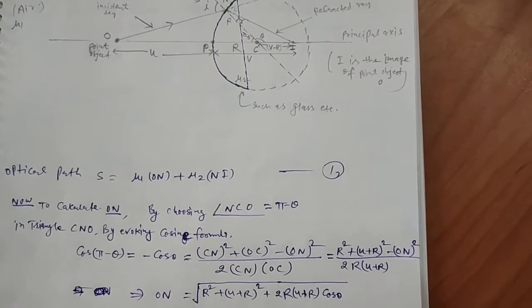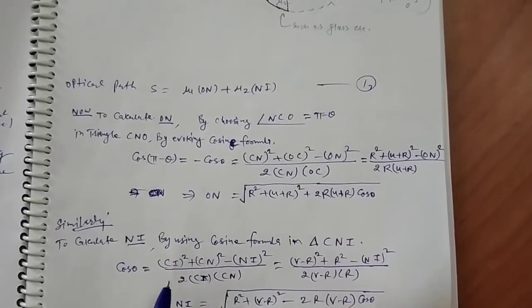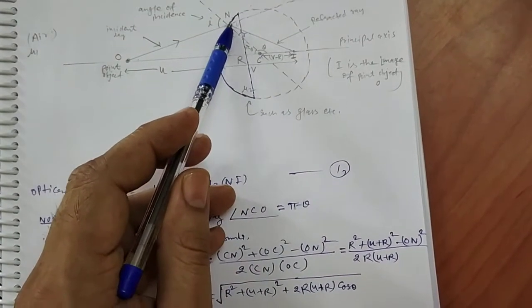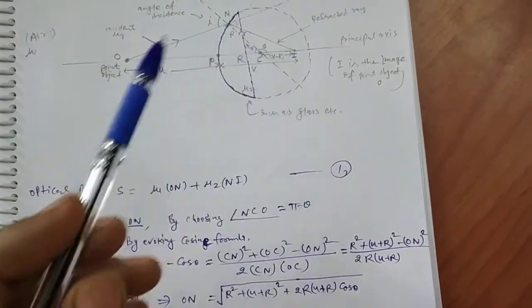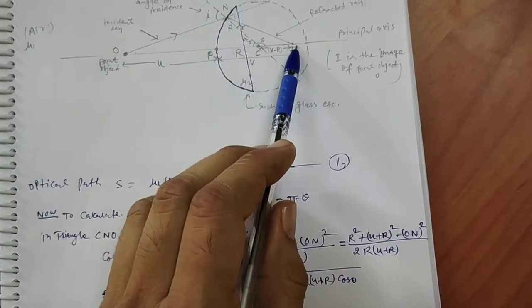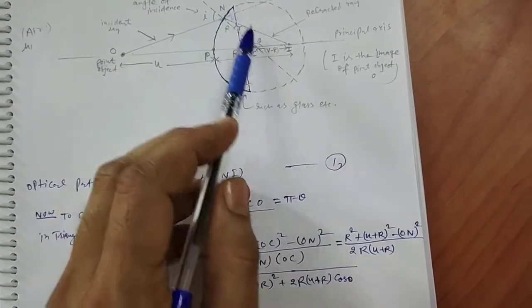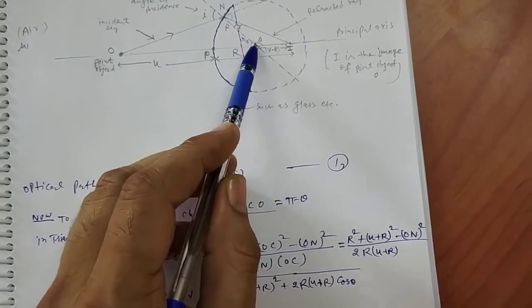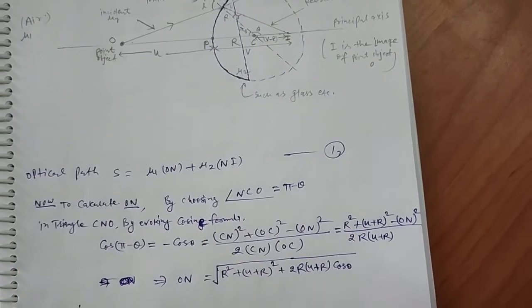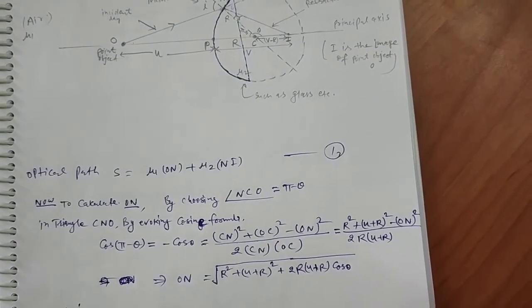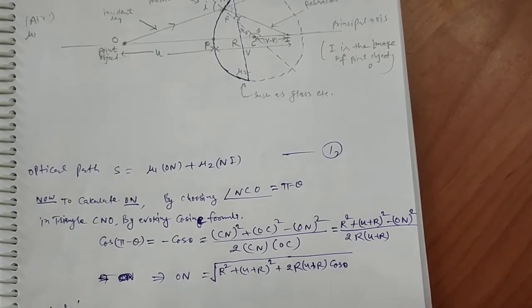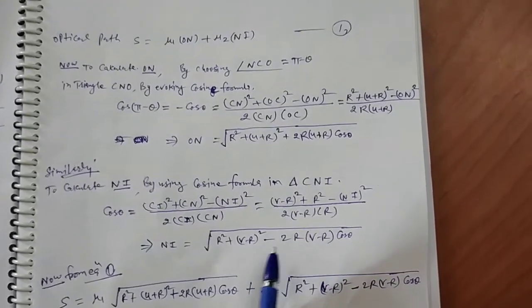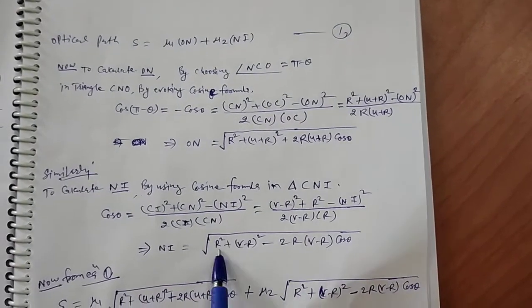Similarly, we can calculate the value of NI. For this, we apply the cosine formula in this triangle NCI. For this, cos theta is equal to CI square plus CN square minus NI square upon 2 CI into CN. So by putting the value of CI, CN, we can write this as this equation, and finally we got the value of NI, which is equal to this one.